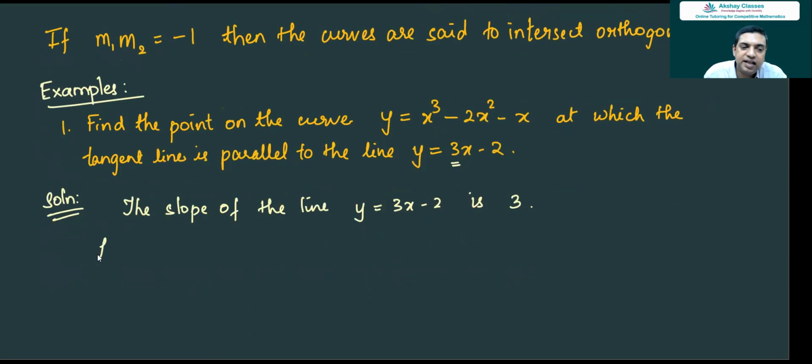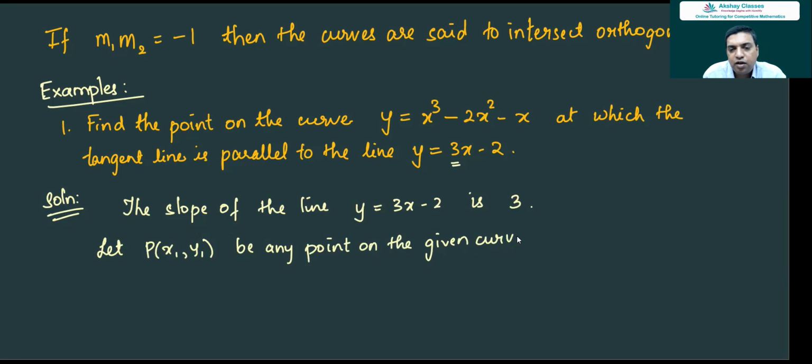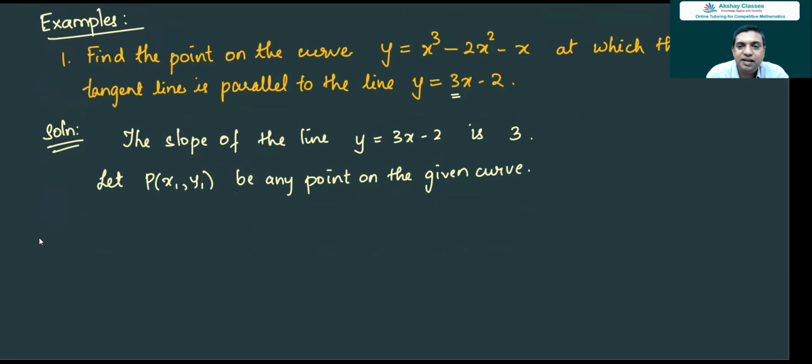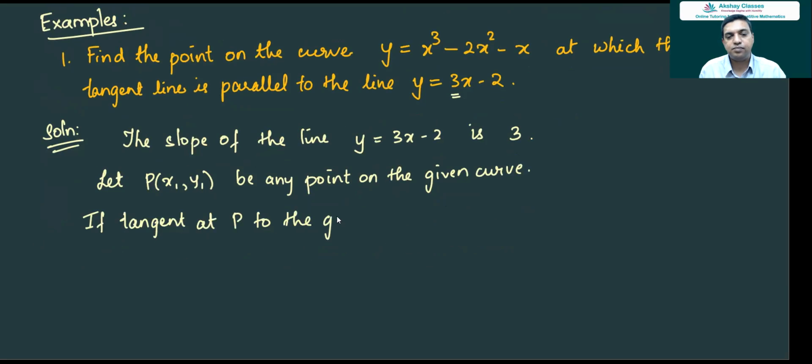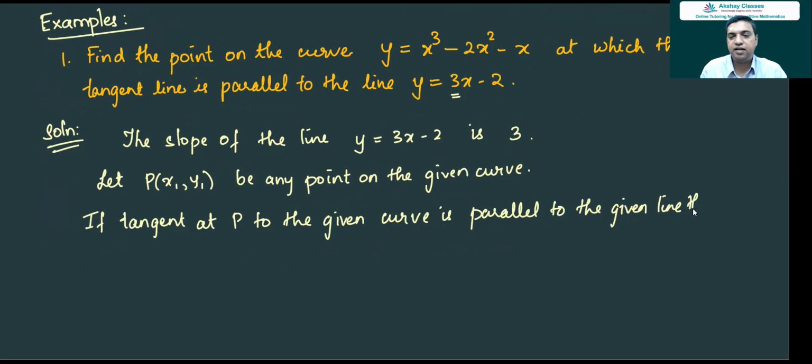Now, let P (x1, y1) be any point on the given curve. Now, if the tangent at P to the curve is parallel to the given line, then what?